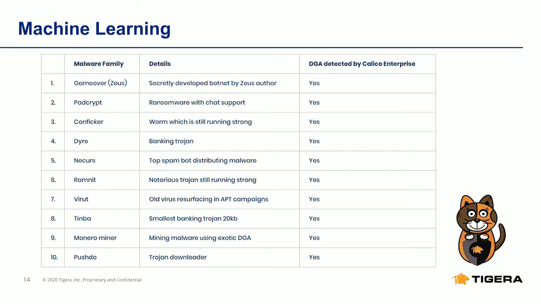If you go further down the list, let's look at Configure. Configure goes all the way back to 2008. The first version of Configure only generated around 250 domains a day, and it was using a very predictable seed. So what the FBI did was reverse engineer the seed, make a list of all the domains that would be generated, and register those domains before the attackers registered them, which basically made the malware completely harmless.